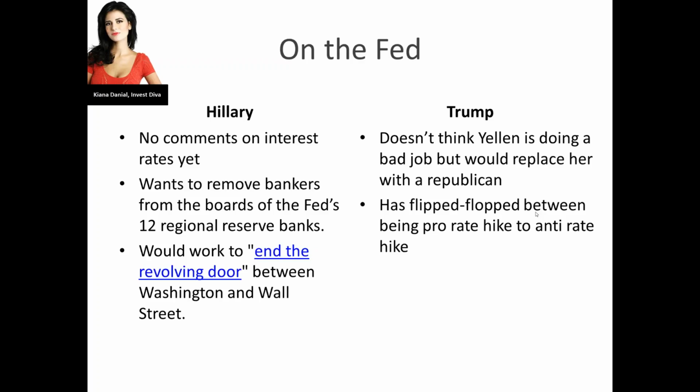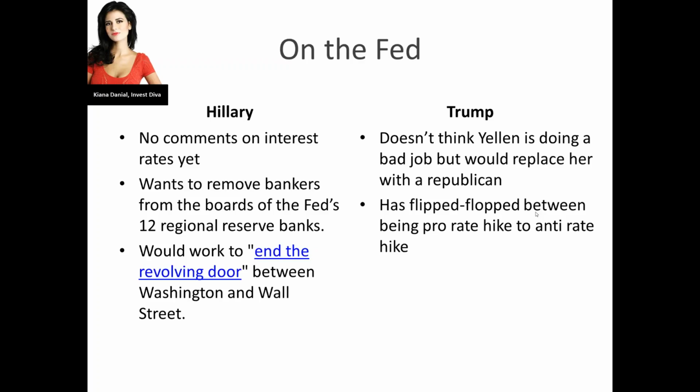She has said she's pro common sense reforms, like getting bankers off the boards of regional Federal Reserve banks, and that is long overdue. She has supported the efforts by activist groups and progressive lawmakers to remove bankers from the boards of the Federal Reserve's 12 regional reserve banks.